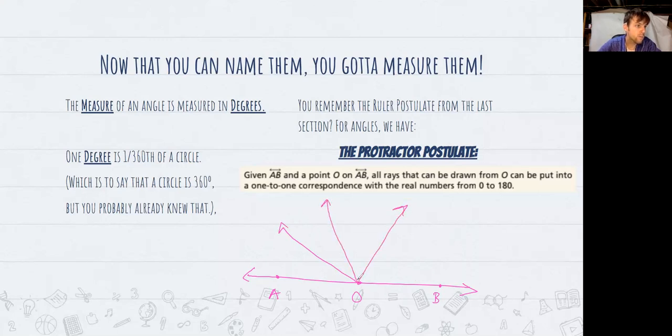And all of these rays create different angle measurements. Those angle measurements are going to be numbers between 0 and 180, which represent the half of the circle that gets created here. So all of this together, we go from 0 degrees all the way over to 180 degrees. All of these rays represent different angles from 0 to 180.